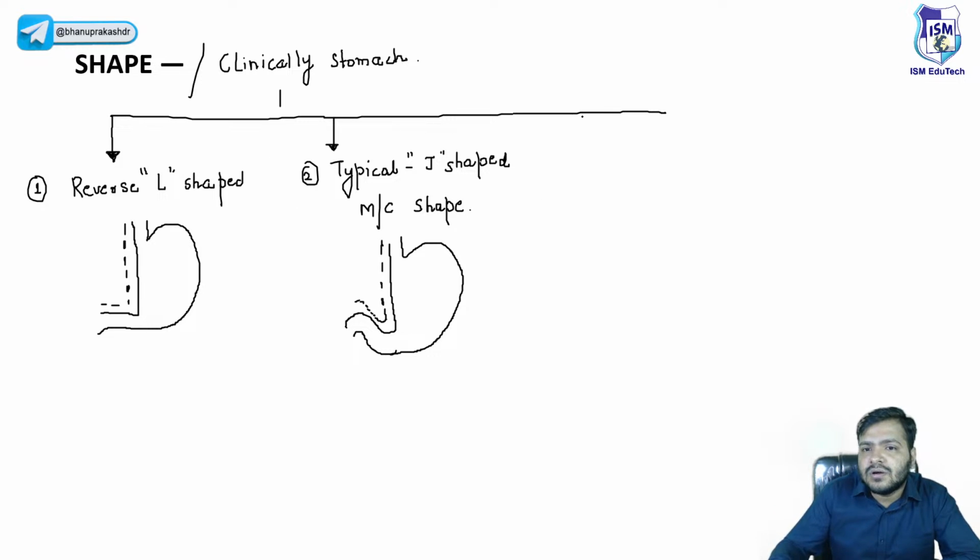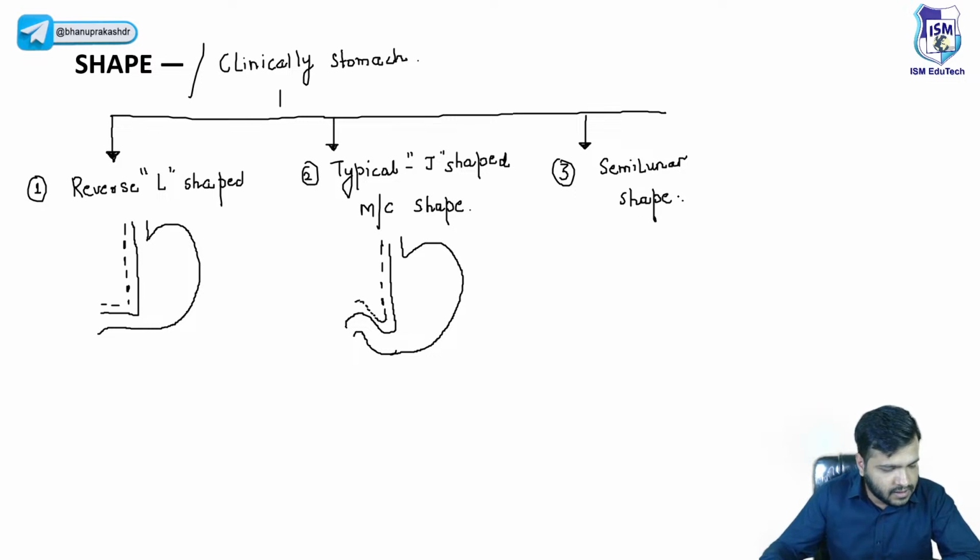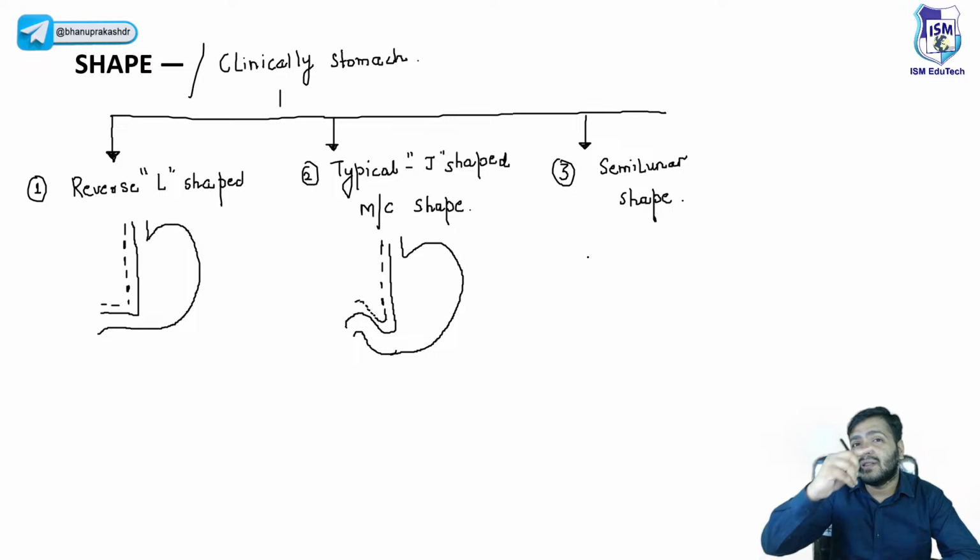Now coming to the third type, that is the semilunar shape, as Tokir Khan has already told you. Semilunar means exactly a half moon, which you will see, so it's just like this. It is half-moon like, so it is the semilunar shape.